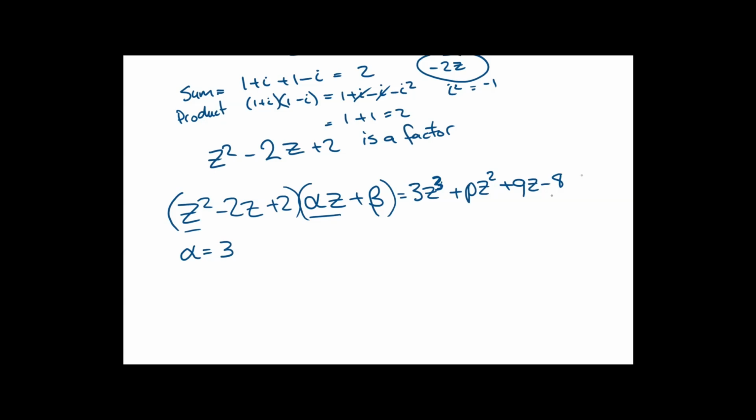We also know that to get this negative 8 here, 2 times beta must equal negative 8. So 2 beta equals negative 8. Beta must be negative 4.